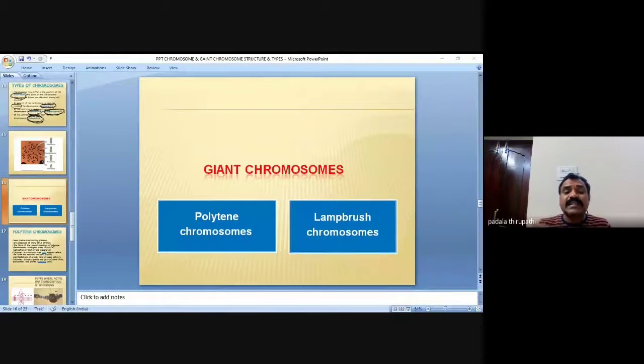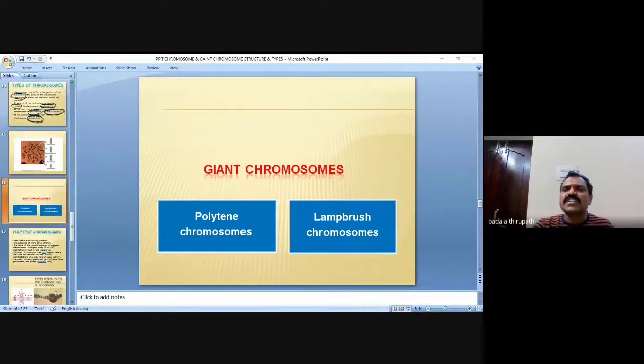Based on the length or size of the chromosomes, we observe very large chromosomes in different living organisms like amphibians, insects, Diptera insects, and other plants like Acetabularia.